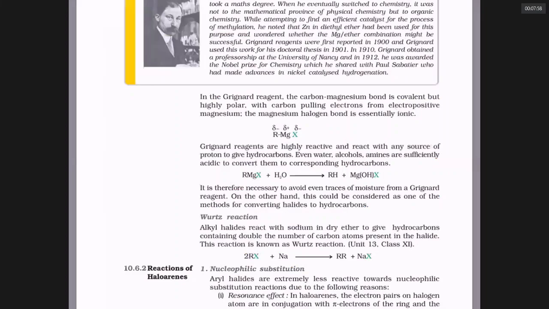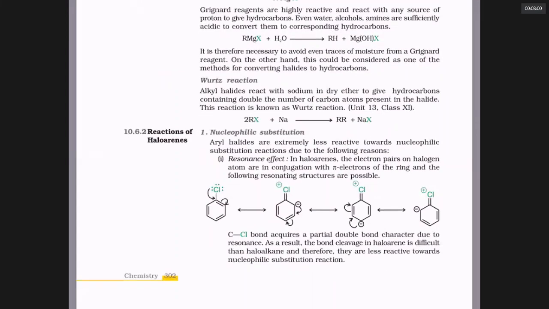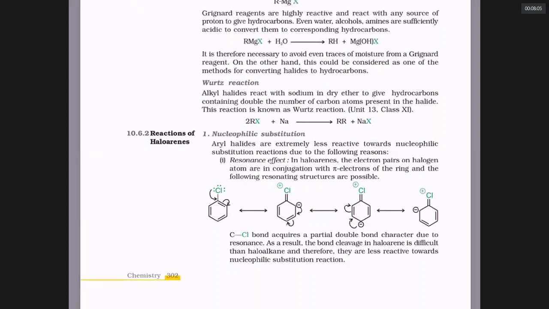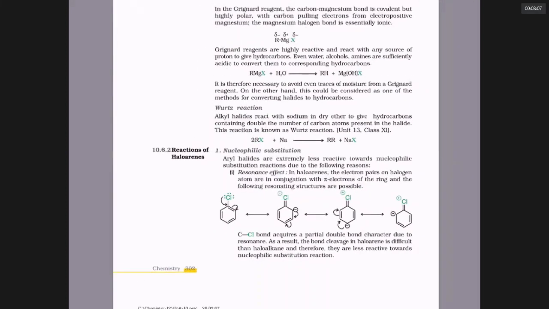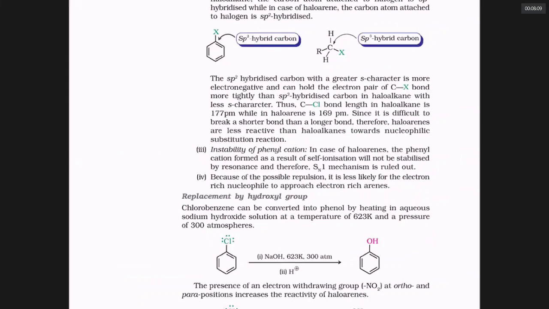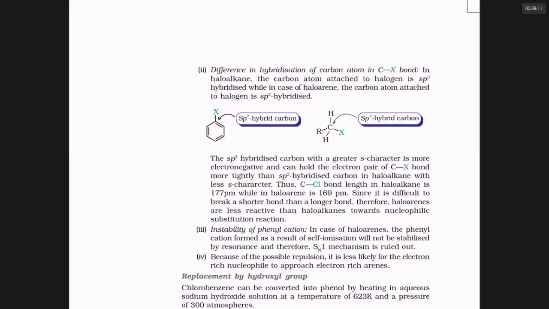Now, haloarenes do not undergo nucleophilic reaction because the C-Cl bond has double bond nature. They gave 4 reasons why chlorobenzene will not undergo nucleophilic substitution. The first reason I already said, double bond nature. Second reason, in aryl halide this carbon is sp2 hybridized.